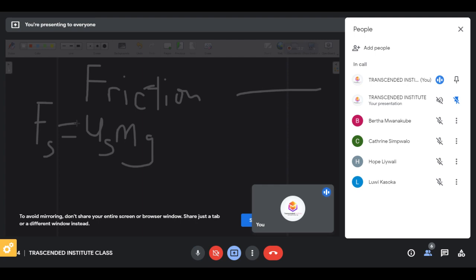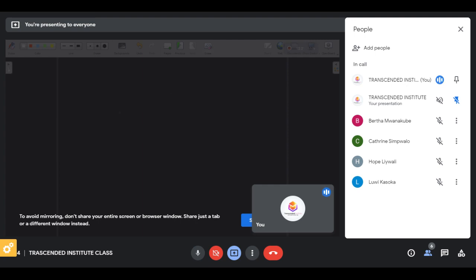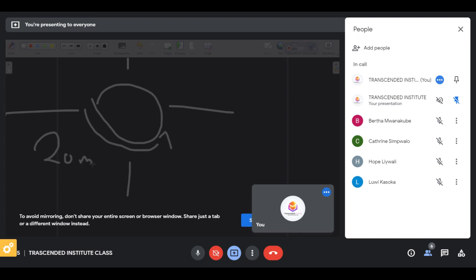Let me just give you an example. Let's say you have a car that is moving along a roundabout. The car was coming from this way, then begins to rotate this way. You're told the car was moving at 20 meters per second, for instance, along this path.